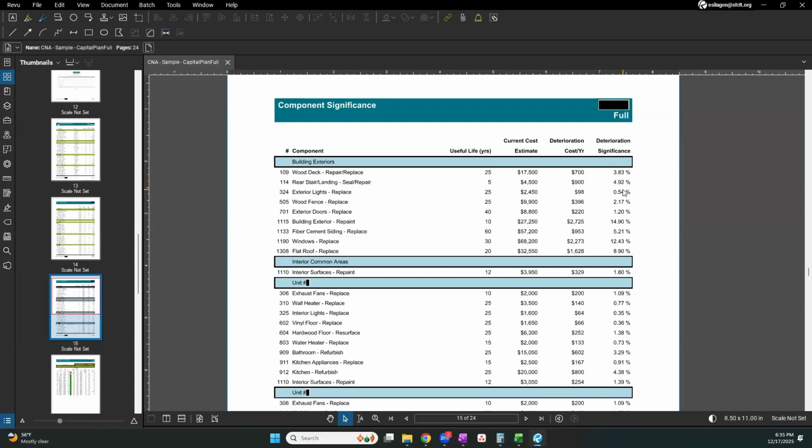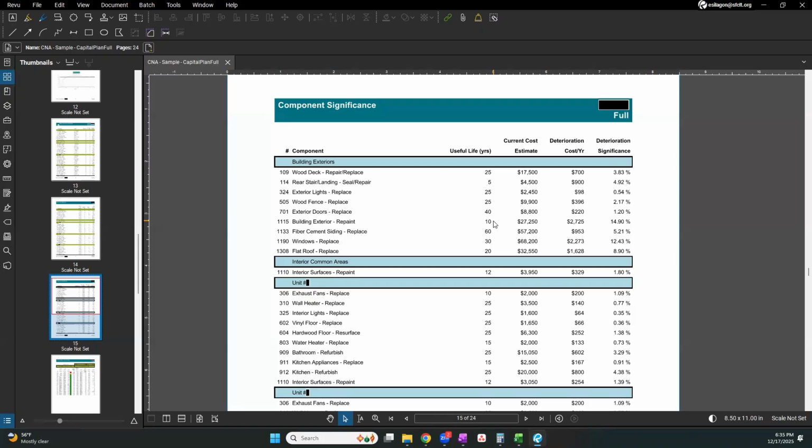I think the useful information that you could take away from this is if you're looking at this building, repainting your building exterior, you can see that this accounts for about 15% of that replacement budget. And that's not necessarily because of how much it costs, but the frequency. You're doing this repaint every 10 years.